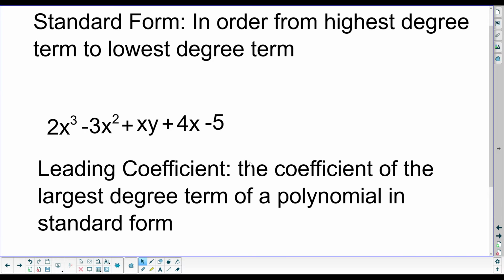When it's in standard form, the leading coefficient is just the number that goes along with the leading term, the largest degree. The coefficient of that is 2. So this would be a cubic polynomial with 5 terms and a leading coefficient of 2.